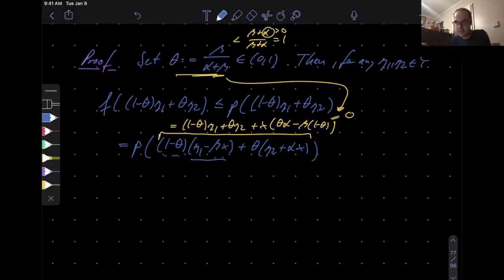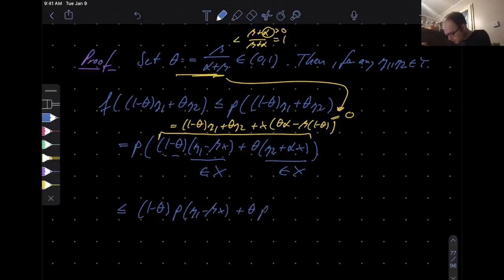Because x is an element in the complement of Y, and likewise here. Nevertheless, these are elements in X because we're playing around with vector spaces. So you can use the fact that p is convex on the whole space. You can pull out the 1 minus theta, and then you get p(y1 minus beta x) plus theta p(y2 plus alpha x). Okay, that's what you have on the right.